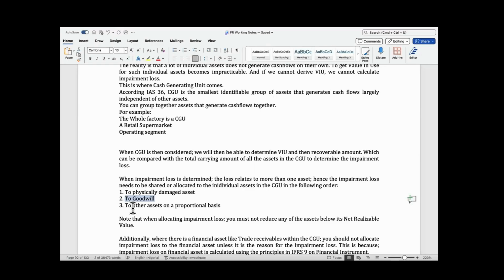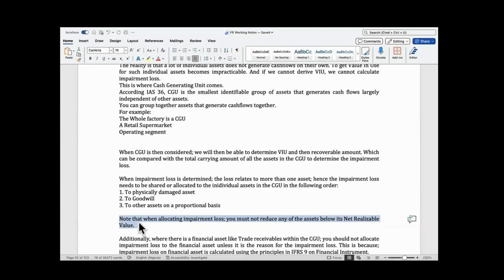And I mentioned that when you're allocating impairment loss to assets in a CGU, you must not reduce any of the asset below its net realizable value. This is very important. In fact, this sentence is the very basis of that first assignment I gave you.